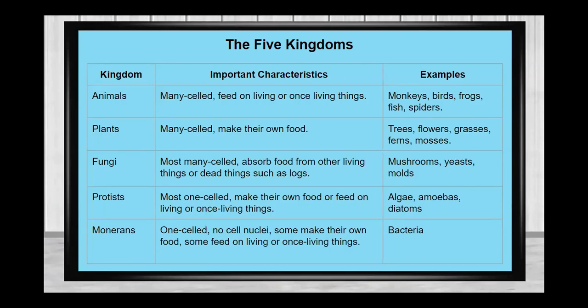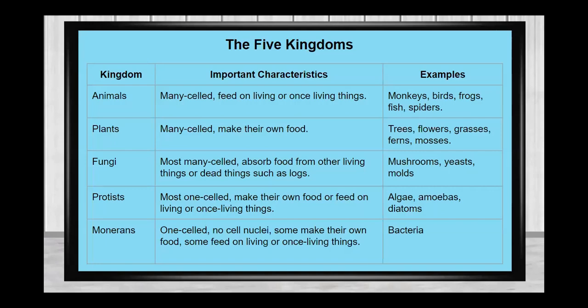The examples I listed are mushrooms, yeasts, and molds. All right, the last 2 are the protists and the monerans, and these 2 can definitely be harder to distinguish. Protists are most often one cell. They do make their own food, or they can feed on living or once living things. I listed some examples: algae, amoebas, and diatoms.